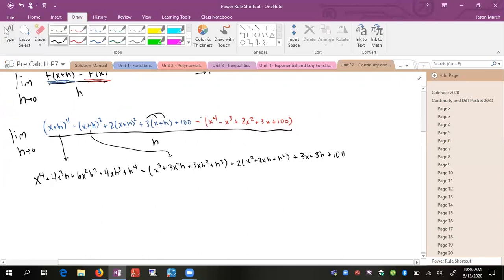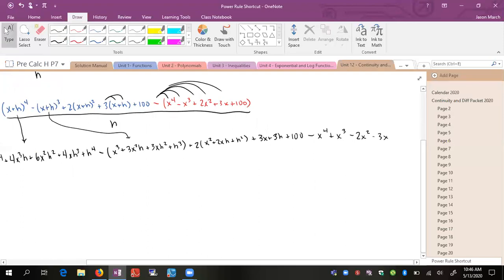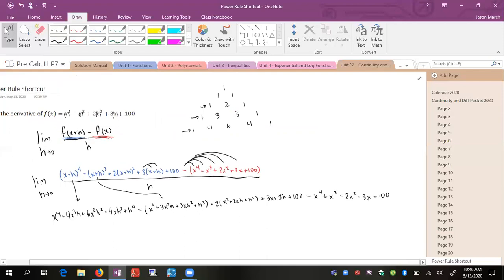So I'm also going to distribute the negative with the red ones here. So we're looking at minus x to the fourth plus x cubed minus 2x squared minus 3x minus 100. This giant expression all over h, and again, still the limit as h goes to 0.